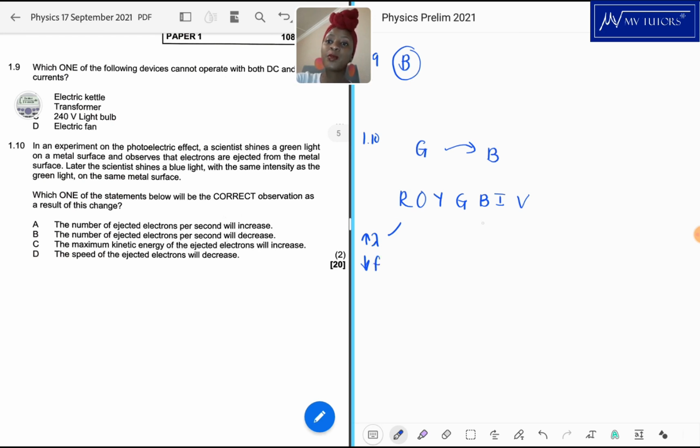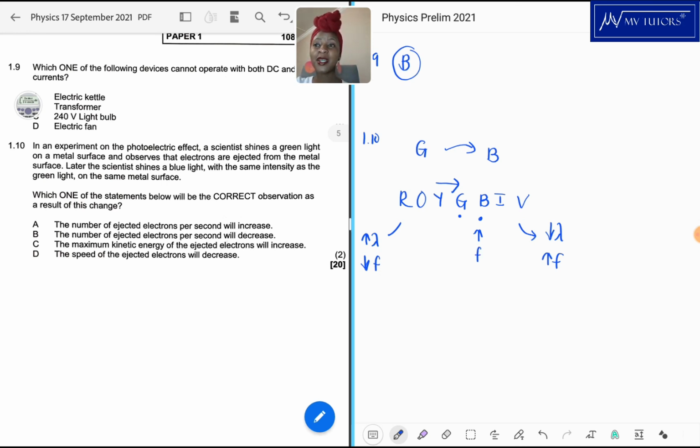When we get to violet, violet has the shortest wavelength but the highest frequency. So if you go to the right, your frequency increases and your wavelength decreases. So going from green to blue, blue definitely has the higher frequency. That's what we want to know.